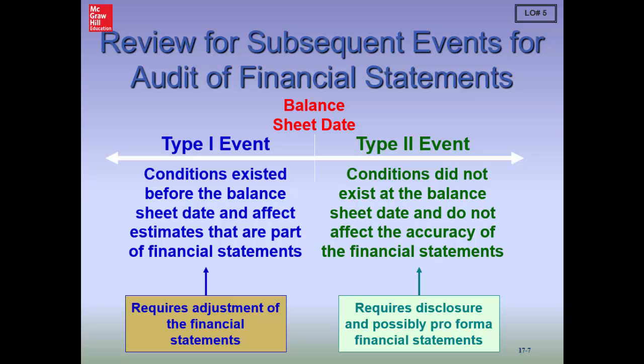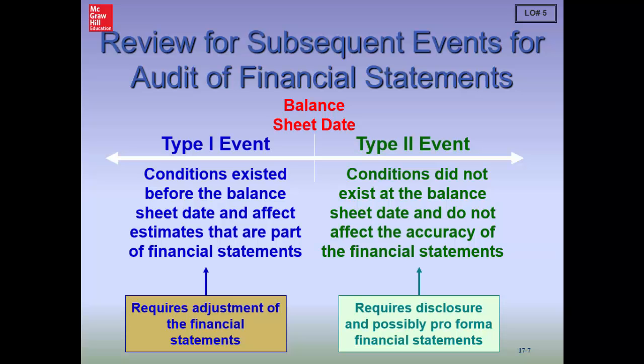A Type 1 event is something where the auditor has a conclusion to an estimate. As an example, if at the balance sheet date we identified a contingent liability, let's say for $1 million, we set up the expense and we set up the liability.